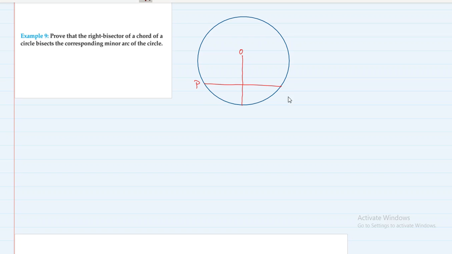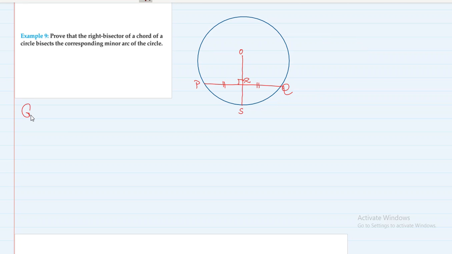So OR is the right bisector of the chord. Bisects the corresponding minor arc. So the minor arc is PS, and we have to prove that PS is equal to SQ.